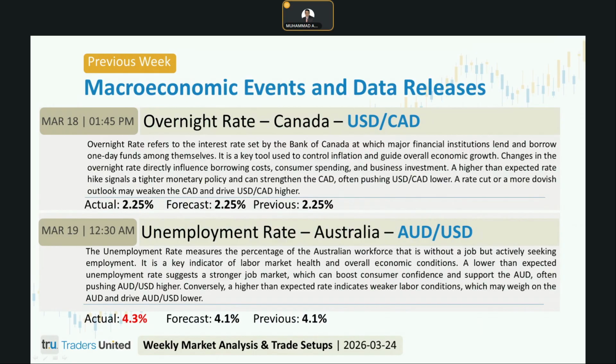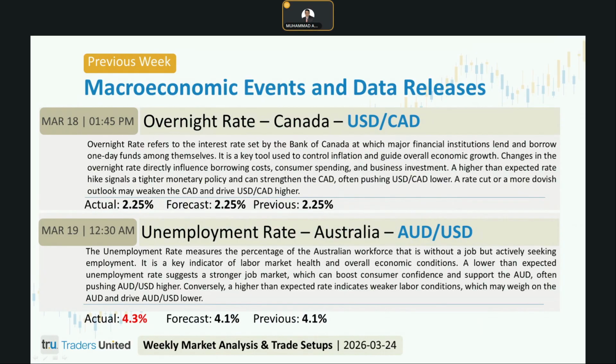So, what is the overnight rate in Canada? The overnight rate refers to the interest rate set by the Bank of Canada, at which major financial institutions lend and borrow one-day funds among themselves. It is a key tool used to control inflation and guide overall economic growth.